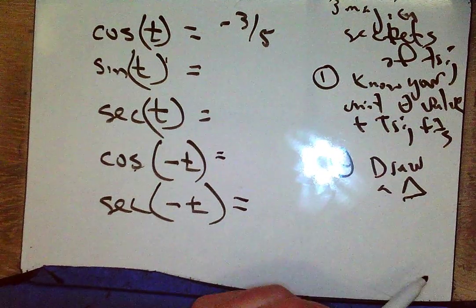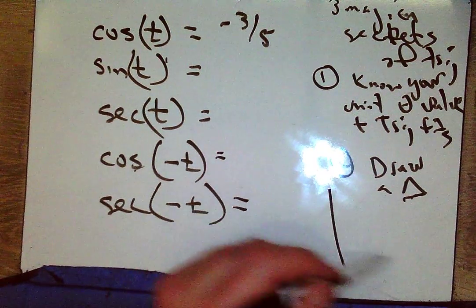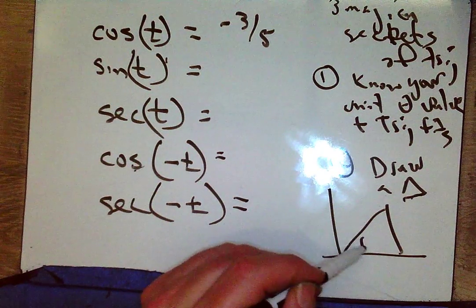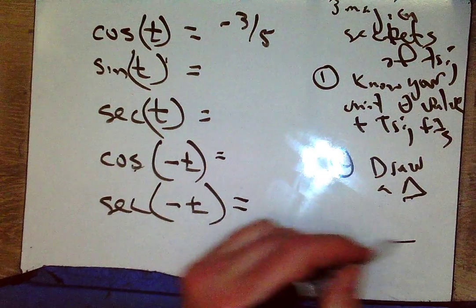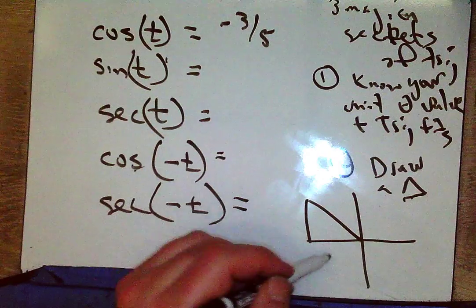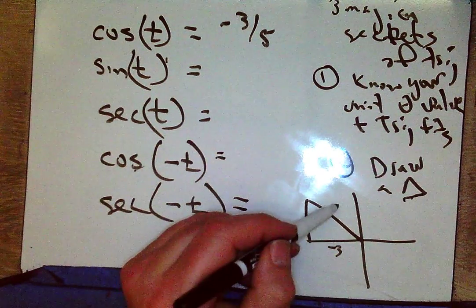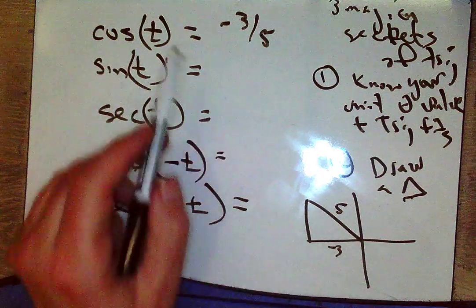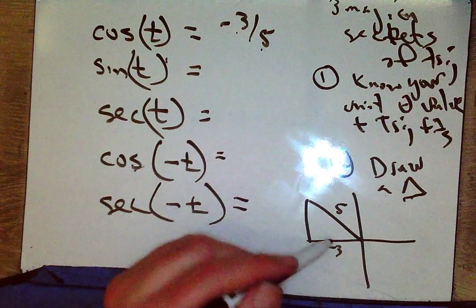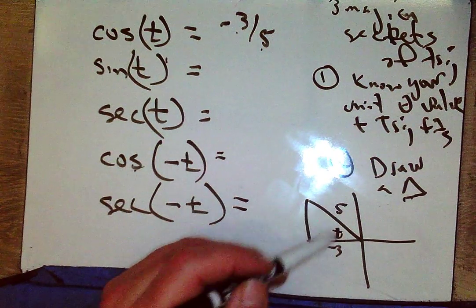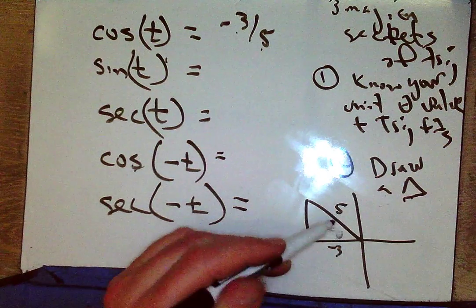But draw a triangle. Okay, so let's draw this triangle where the cosine of t is negative 3 over 5. Remember, cosine is adjacent over hypotenuse. So there's my t.